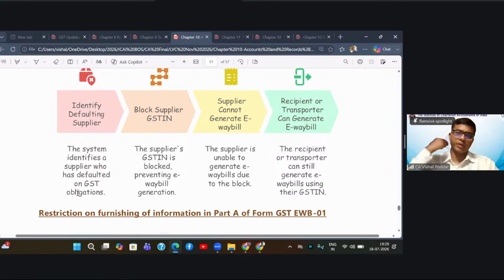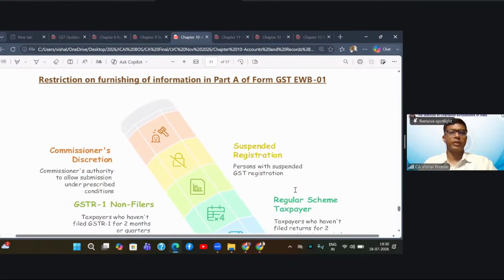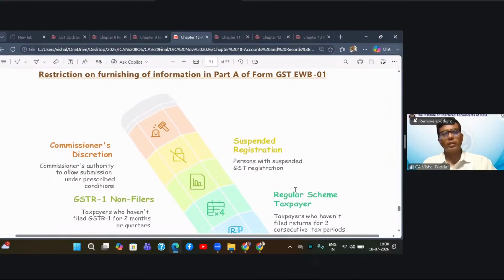So if for a past period they have not filed their GSTR 1, 3B or not paid tax, then the second step the portal will do is block such supplier's GSTIN. So the supplier's GSTIN is blocked, which will prevent the supplier from generating e-way bill. Interestingly, the recipient or transporter can still generate the e-way bill using their GSTIN. So the supplier is blocked, but the recipient can generate the e-way bill.